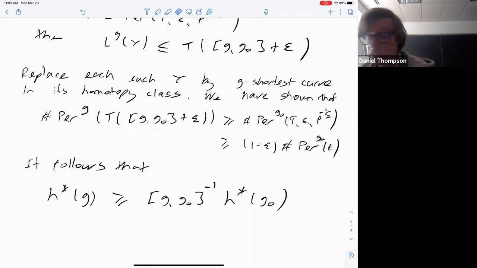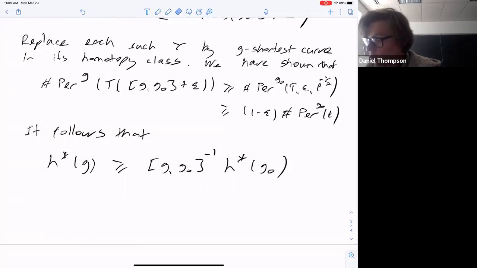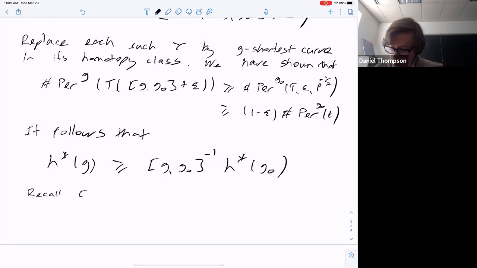I'm writing out fewer details this time than I was in the last couple of classes. Okay, and again, we know something. What do we know about this number? So it goes back to that thing we did in lecture 28.